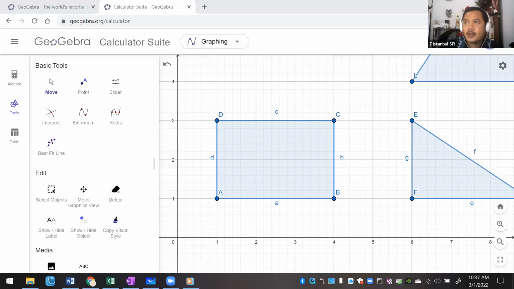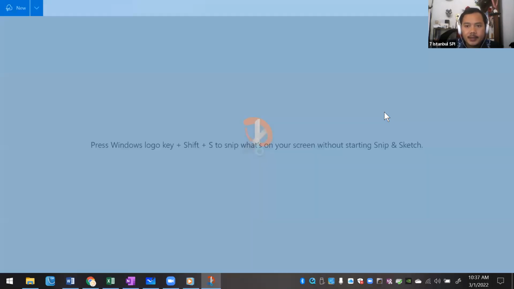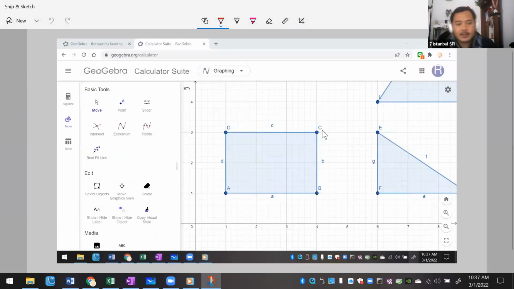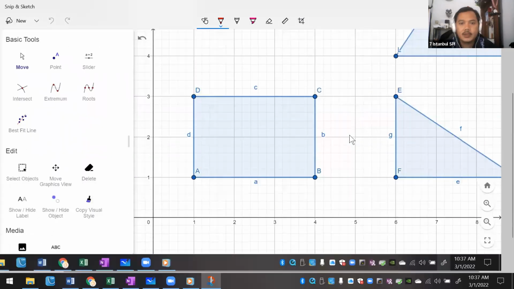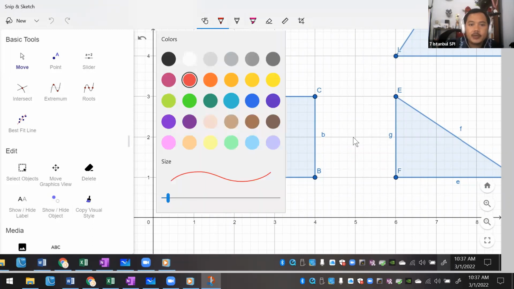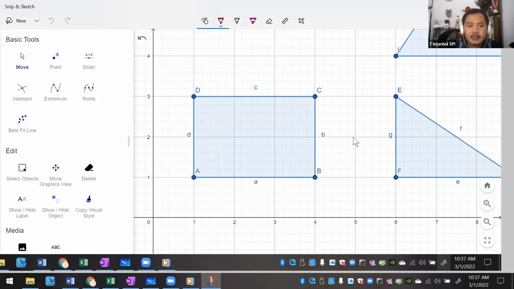Here I am going to use GeoGebra to explain what area is. I'm going to start with this rectangle. Suppose I have a rectangle like this, and let's say this is in centimeters.